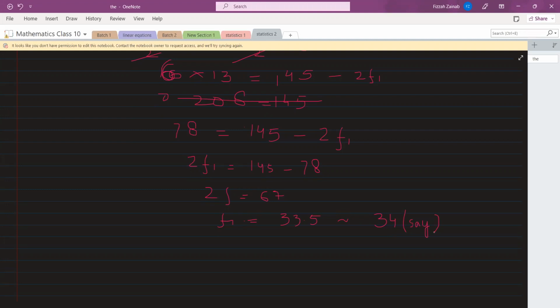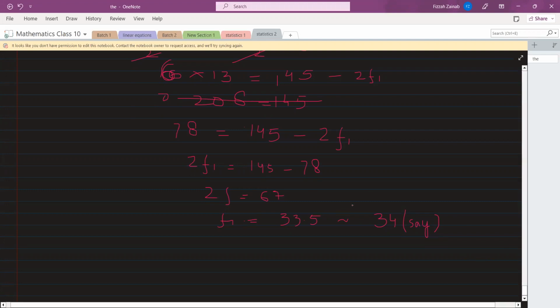Frequency means the number of times something is happening, so either you are getting it 33 times or 34 times. There is no meaning of 33.5. For example, you are having some apples in a basket and you are picking them up. You can pick 3 apples or 4 apples. You cannot pick 3.5 apples, right? So understand it that way. Take your F1 to be 34.